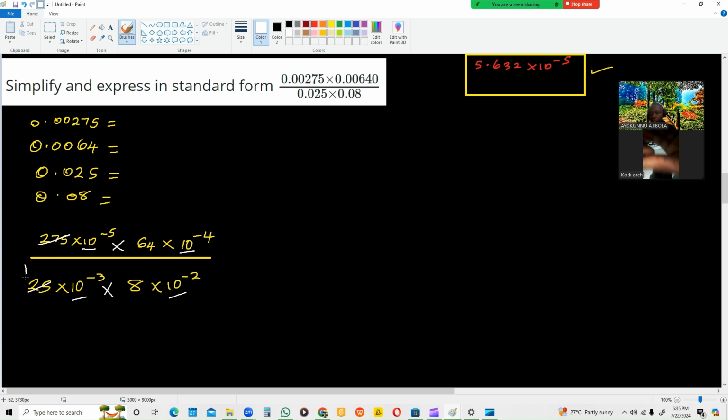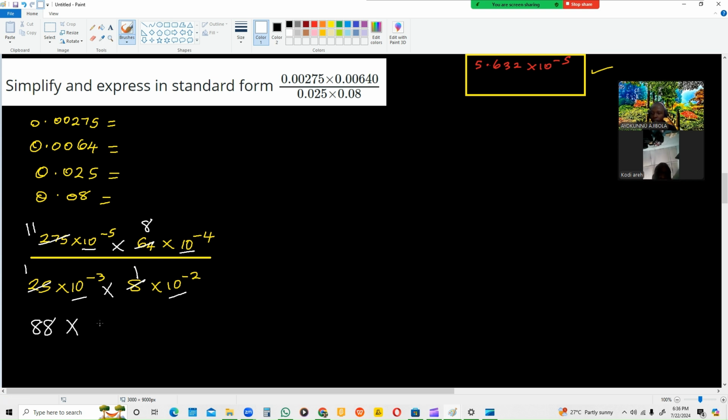Yes. So 25 here, 1, 25 here, 11. Then 8 here, 1, 8 here, 8. So I have 11 times 8 at the top, and just 1 and 1 at the bottom. 11 times 8 gives me 88.